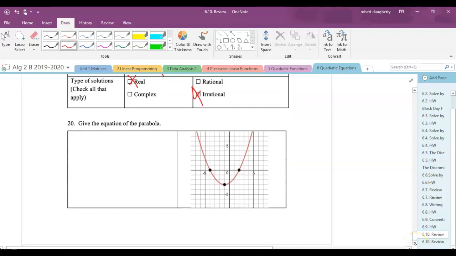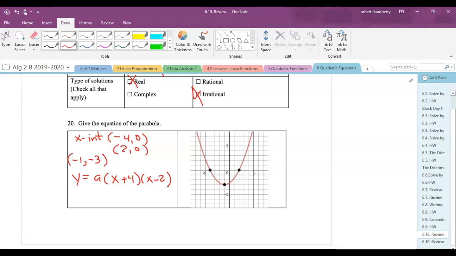Give the equation of this parabola. This is a parabola that has 2 x-intercepts at (-4, 0) and (2, 0), and it passes through the point (-1, -3). So I'm going to use intercept form: y equals a(x plus 4)(x minus 2). Because it passes through (-1, -3), I know that when you plug in -1 for x, you get -3 back for y.